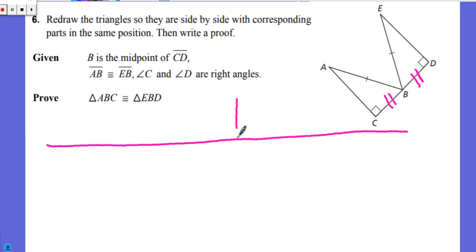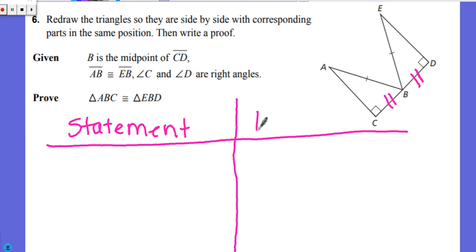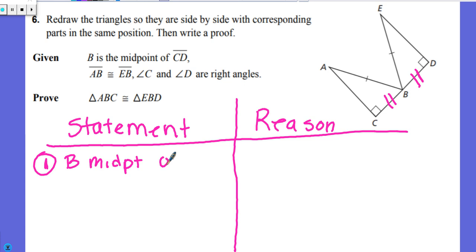I'm going to write my 2-column proof. I have my statement, and I have my reason. So if I do my statement, that's number 1. My number 1, I simply write the given. B is the midpoint of CD.